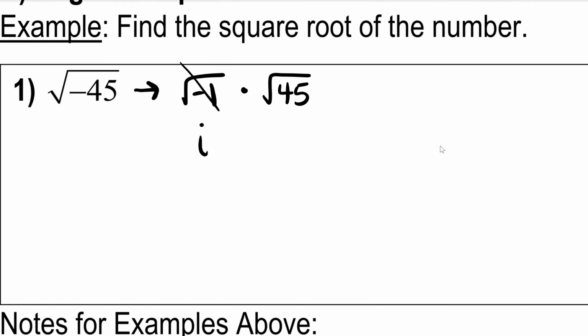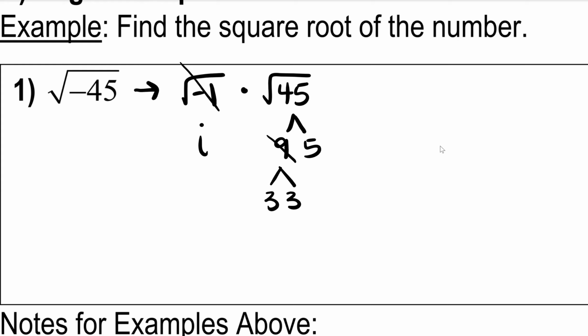There's no square root of 45, so I have to split it apart. So for 45, I can do 9 times 5. I can also split 9 into 3 times 3. I can't change 5 anymore.